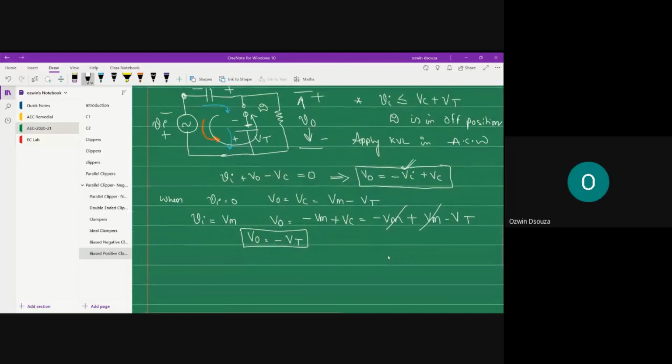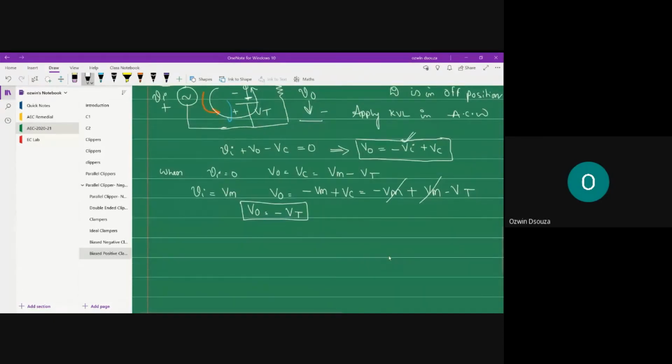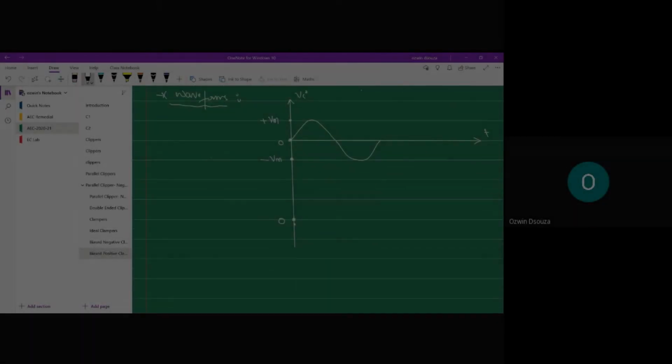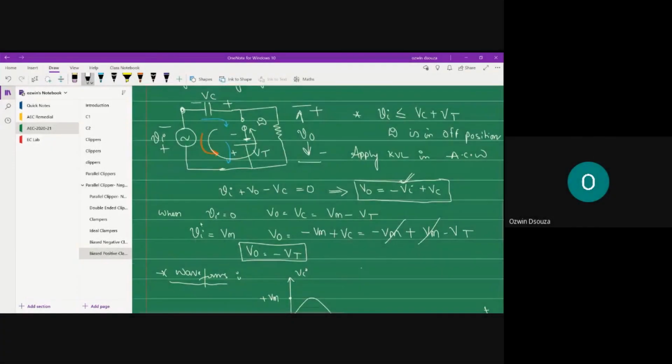Okay, fine. So we are done with the positive half cycle analysis as well as the negative half cycle analysis. Now we can plot the waveforms. It is expected that your output is shifted in the upward direction. Let's see what is happening with the output. So when your input is 0, output is Vm minus Vt.